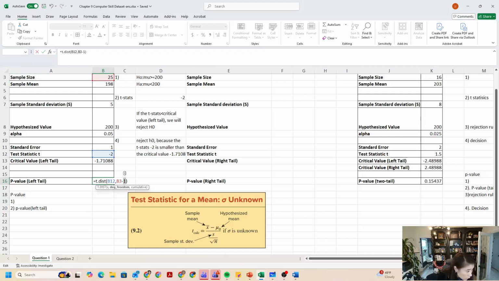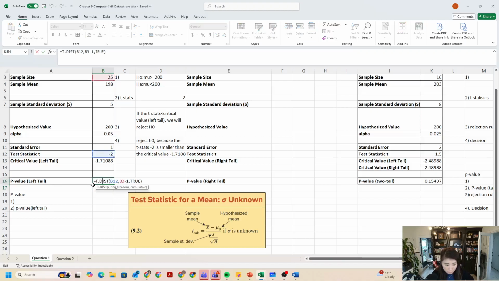Oh, I forgot one entry. For this formula we always use TRUE for T.DIST. Don't worry about it, just remember to always use TRUE. Okay, sorry. So this is going to give us 0.02847.